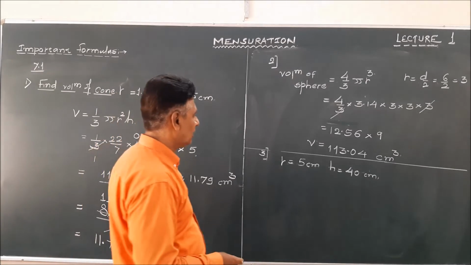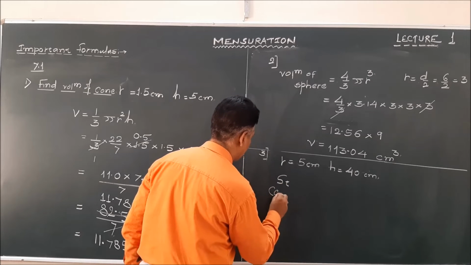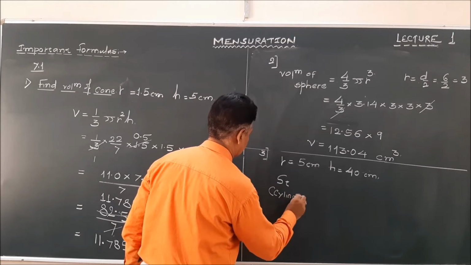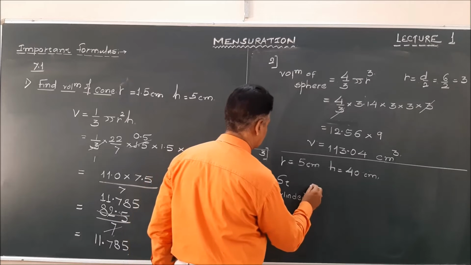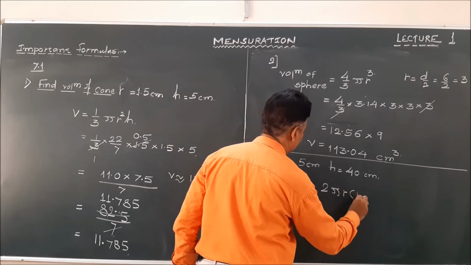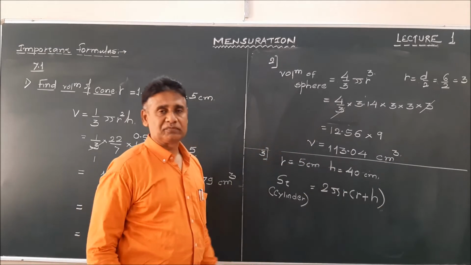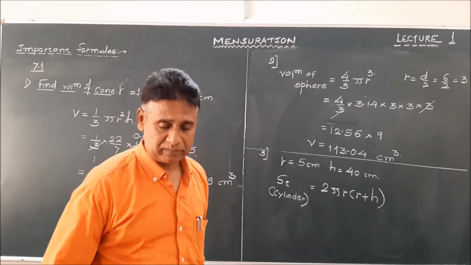Please try to understand. Total surface area of a cylinder is equal to 2 pi R into bracket R plus H. Many bright students make a mistake.